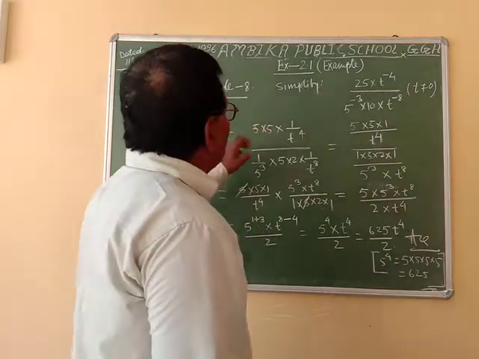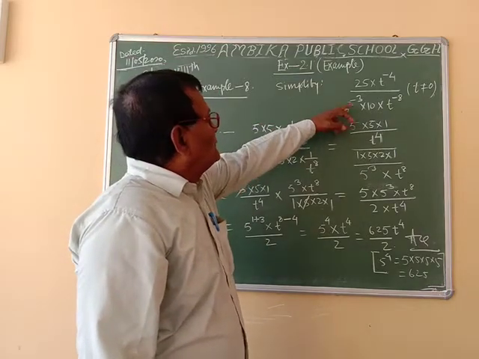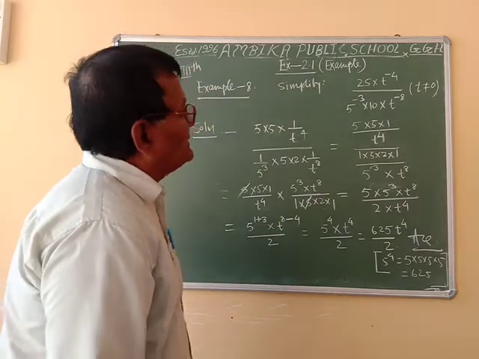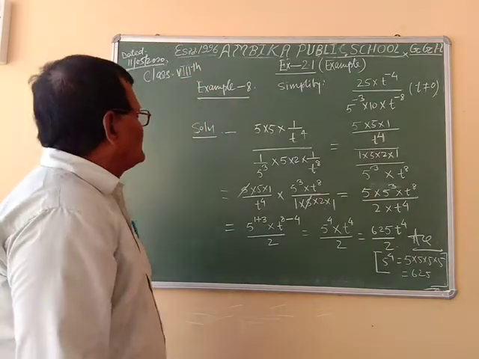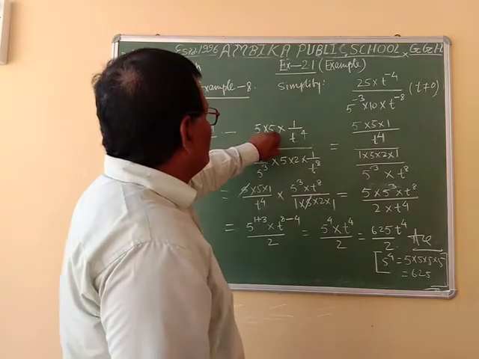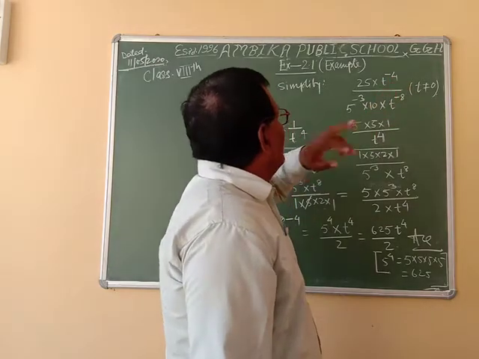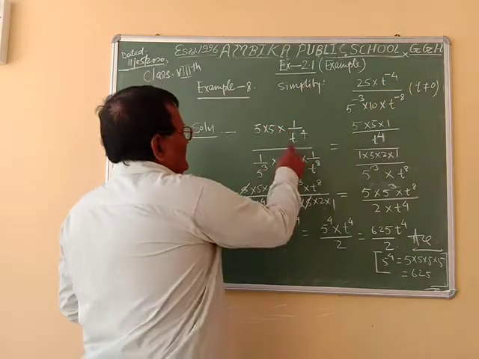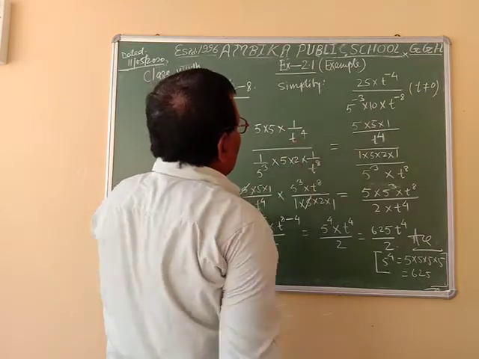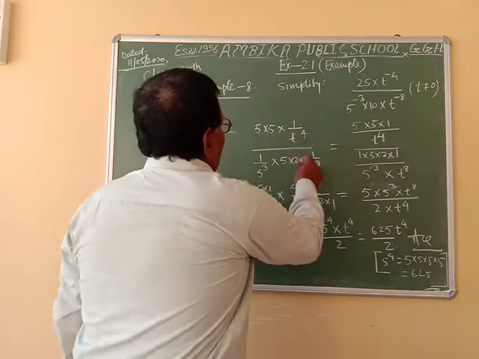The problem is 25 into t to the power minus 4 by 5 to the power minus 3 into 10 into t to the power minus 8, where t is not equal to 0. For 25 we can write 5 into 5, eliminating the minus power. So 1 by t to the power 4, since a to the power minus n is equal to 1 by a to the power n.